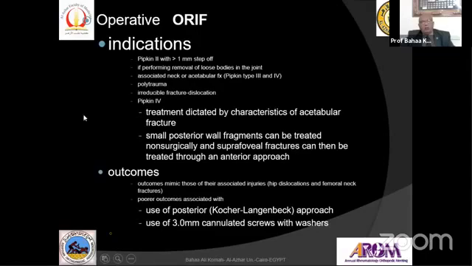What about the outcome of reduction? The outcome mimics those of their associated injury. Using the posterior Kocher-Langenbeck approach, using 3 millimeter cannulated screws with washers, this gives you a poor outcome.